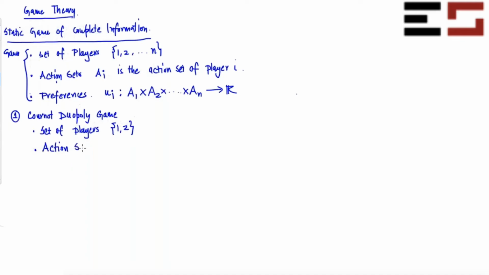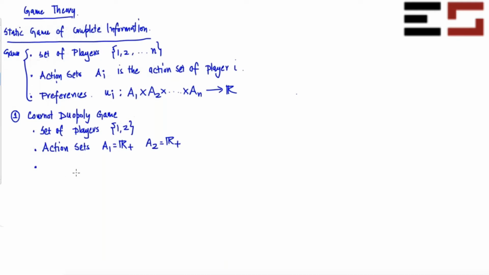So the action sets: A1 is R plus, and A2 is R plus. I'm just telling you how you can convert all the information given in the problem into the form of a game.